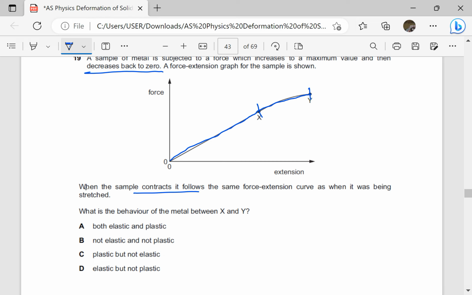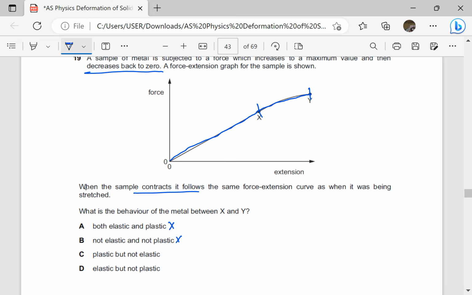Between X and Y. So A is saying both elastic and plastic. That one is not true. It can't be both elastic and plastic between X and Y. Then B, not elastic and not plastic.